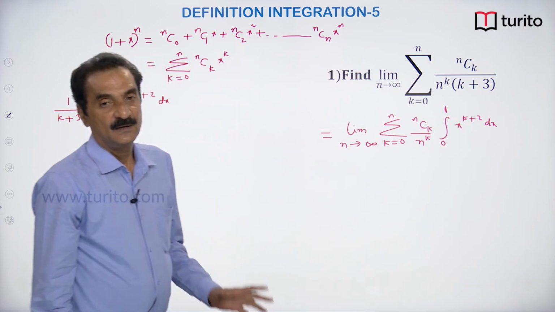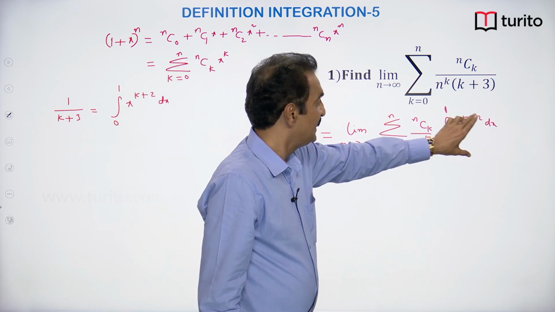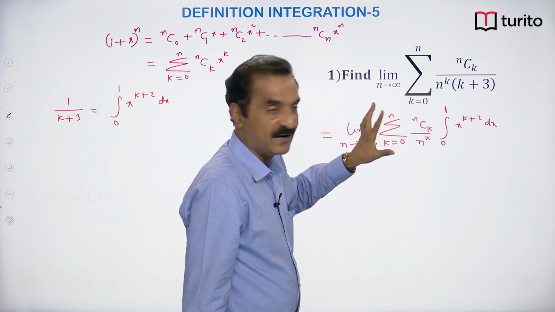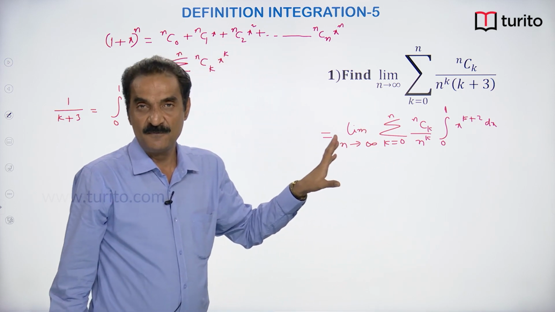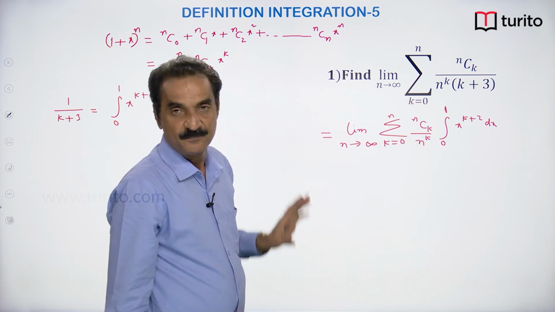Now, this integral is with respect to x. It is nothing to do with n and k. x is independent of n and k. So, we can write this integral here.